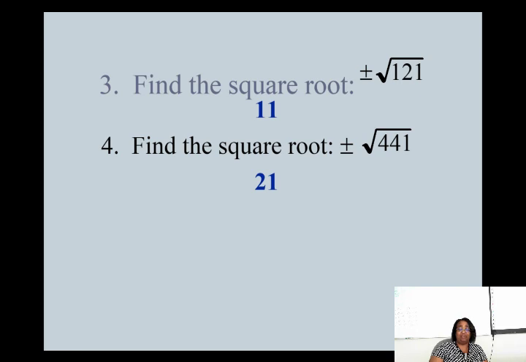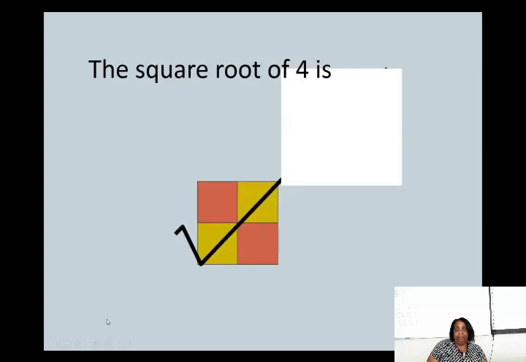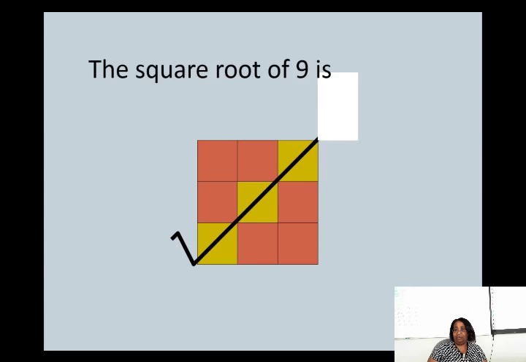If they're not a perfect root, I will let you use a calculator. But right now, these are going to just be perfect roots, so you don't have to worry on today's assignment, okay? So what did we say the square root of 4 was? Square root of 9?